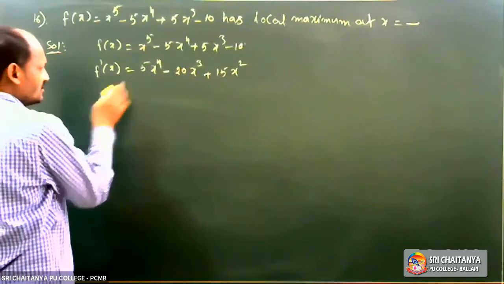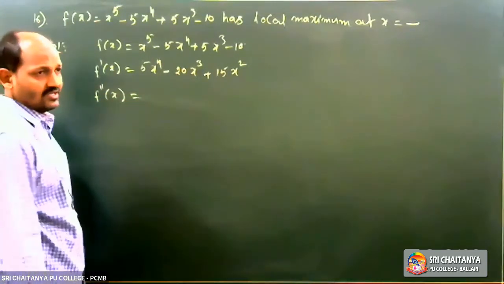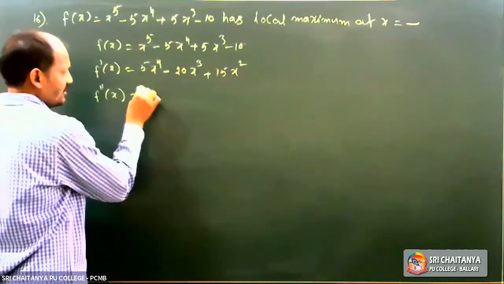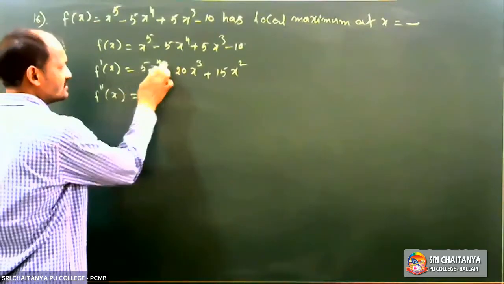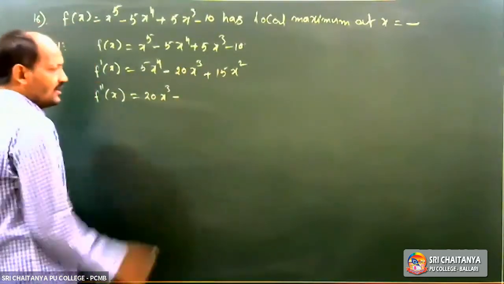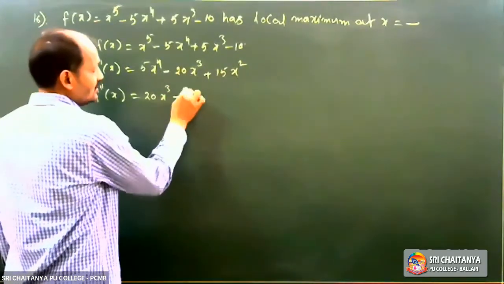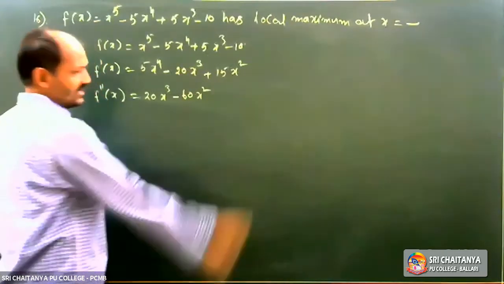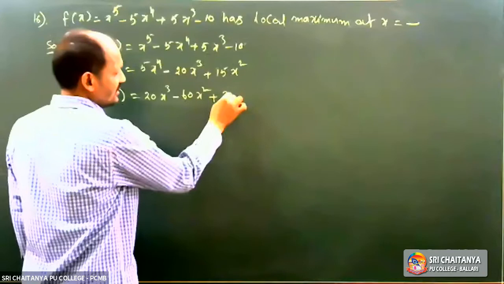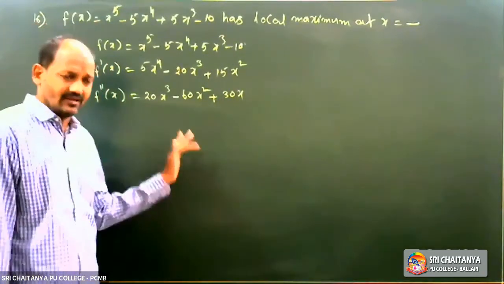Now the second order derivative: derivative of 5x power 4 is 20x cube, derivative of 20x power 3 is 60x square, plus derivative of 15x square, that is 30x.